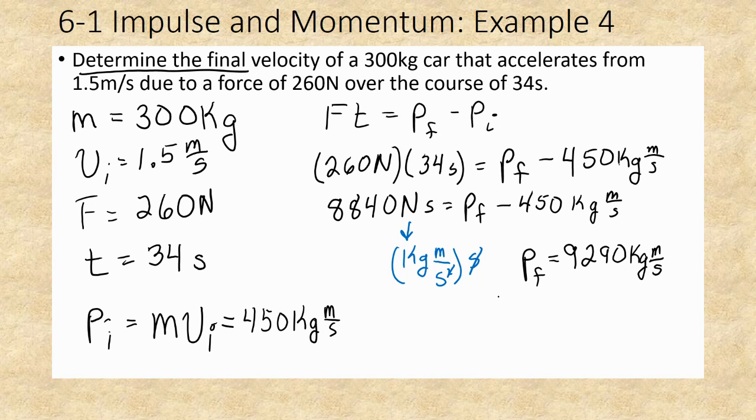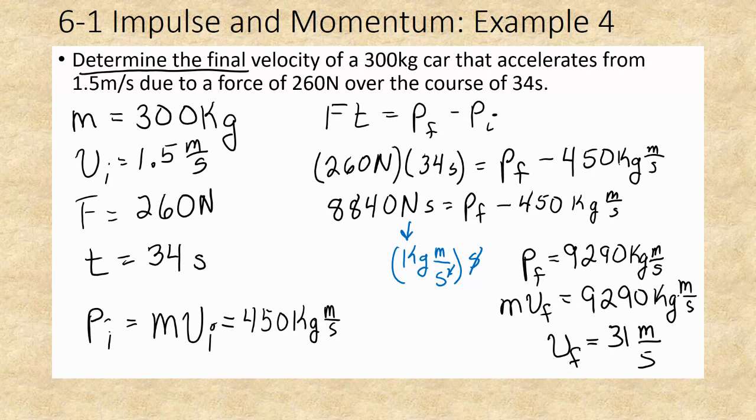And now the last step to get the final velocity, just like in example 2, we're going to divide this by 300 kilograms, the mass of the system. And it'll come out to be 31 meters per second.